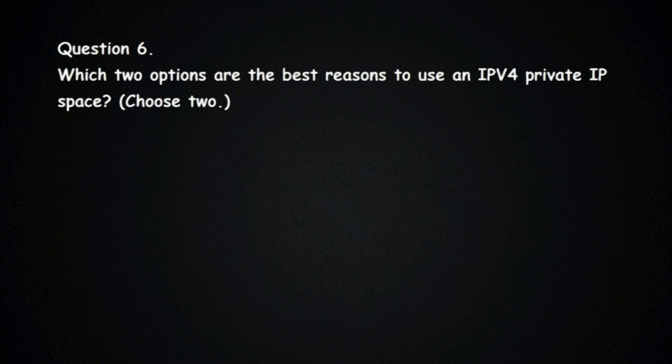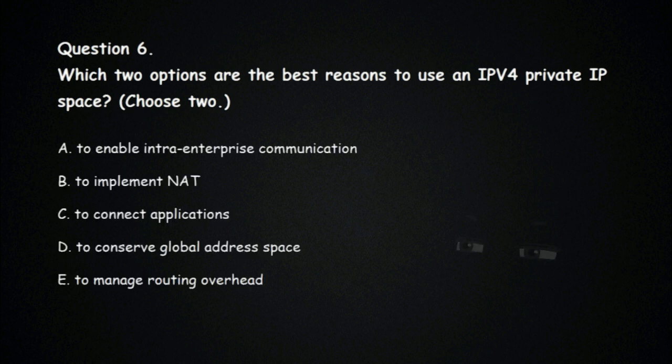Question 6. Which two options are the best reasons to use an IPv4 private IP space? Choose 2. Options. Answer is A and D, to enable intra-enterprise communication and to conserve global address space.